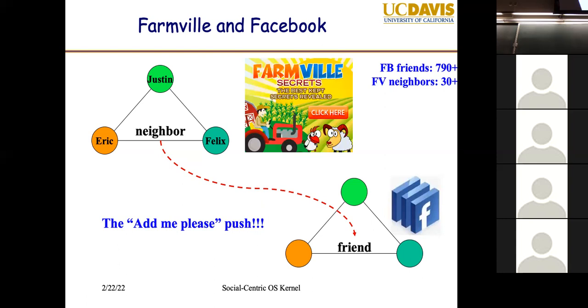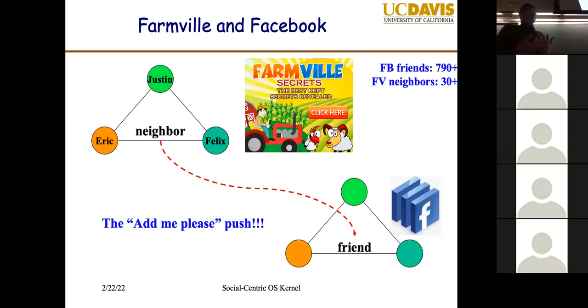I want to upgrade my level, I need more neighbors, and I don't have enough friends. It's really hard to convince a real friend to join Facebook and then join the game. But it's much easier to convert people who want to upgrade just like you to become your friend. So that became a really obvious outcome of this strategy.